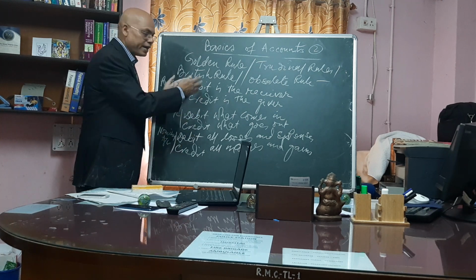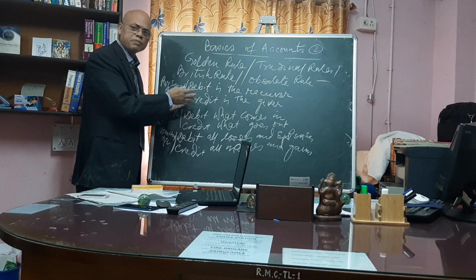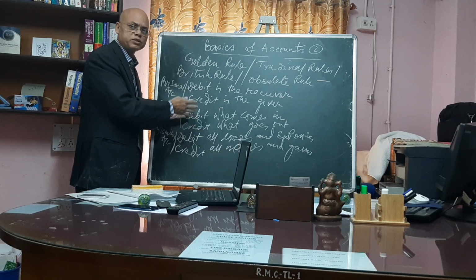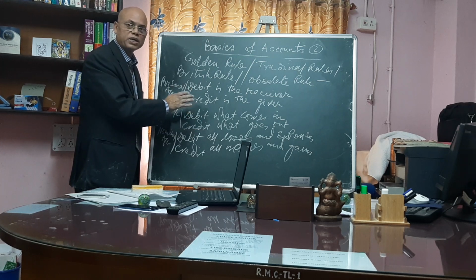But with the help of this, the student cannot pass journal entries with their proper understanding and logically. Therefore, some obstacles are there. These rules are called obsolete and old. And this rule students should not follow for passing journal entries.